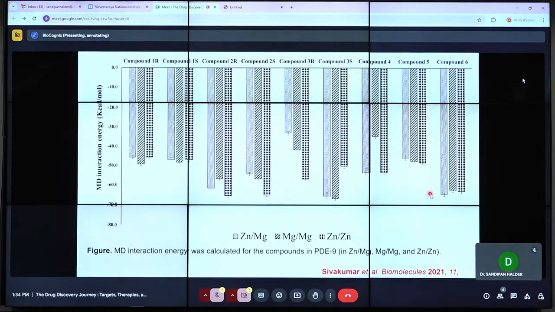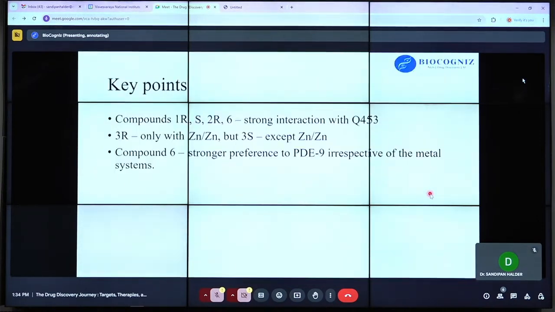So we also considered different metal ions and, again, different MD-level interaction energies to see the significance of that particular metal complex with the ligand, even though it is not directly involved in the binding of the small molecule with the protein, PDE in this case. We identified some set of compounds and reported them, but that is not the important point here.